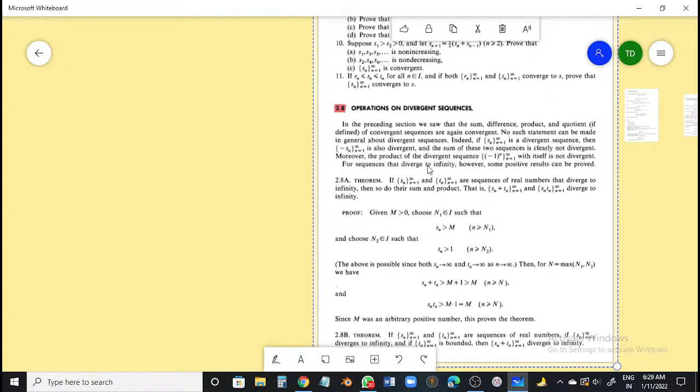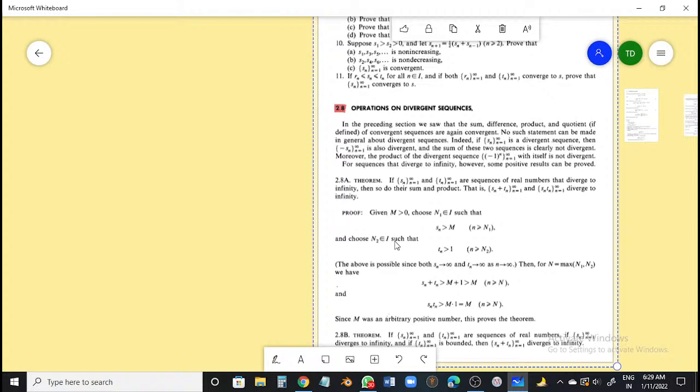So what is going to happen? If Sn and Tn are both sequences of real numbers that diverge to infinity, the same kind of sequences, Sn diverges to infinity, Tn diverges to infinity. What will happen to their sum? Obviously the sum will also diverge to infinity. If we talk about their product, it will also diverge to infinity.